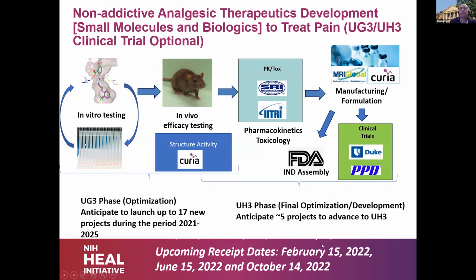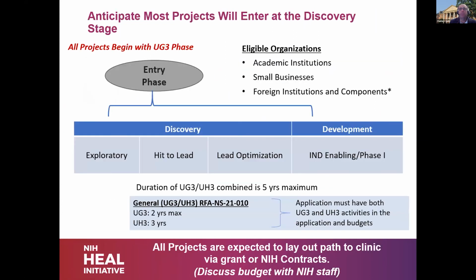We have receipt dates coming up 3 times a year in this program. February 15th, June 15th, and October 14th are the next 3 receipt dates for this program. Much like BPN, you can enter anywhere along the drug discovery and development paradigm. And what is different is you will see there's no U44 here.